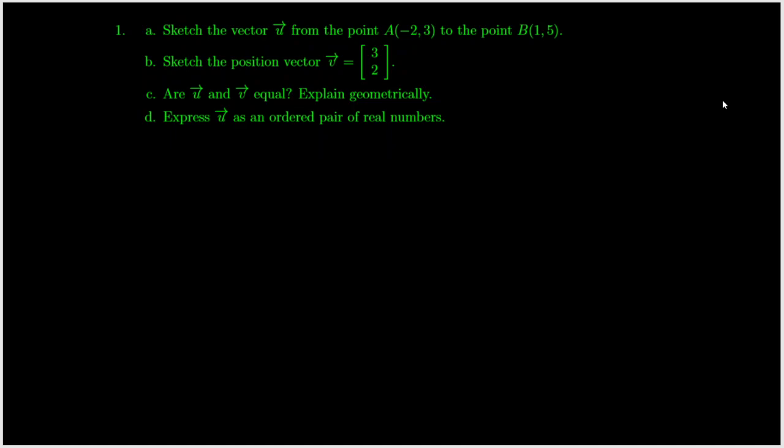In the question, I give you a vector u. u is a vector from point A to point B. In any case, you need to get the initial point and terminal point.